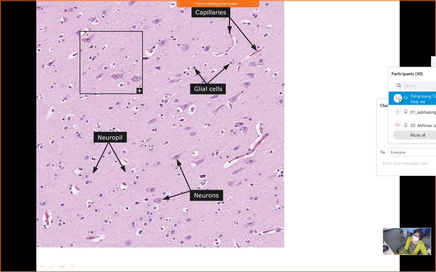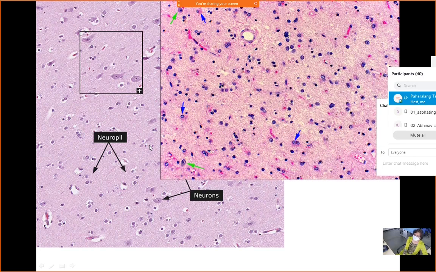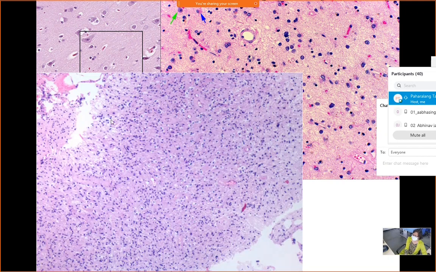So this is the normal histology. This, I told you, depending on the radiologic image and the clinical features, I might call a reactive gliosis, or I might call it a low-grade glioma. And when I see something as cellular as this, I know definitely, even if they don't give me the clinical features and radiology, that I'm dealing with a tumor here, okay?